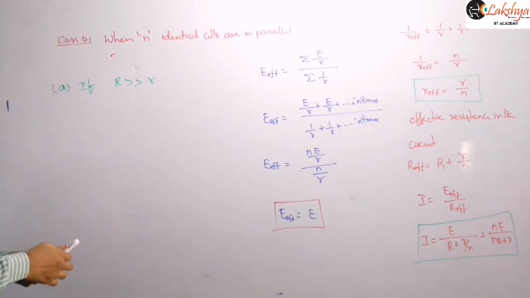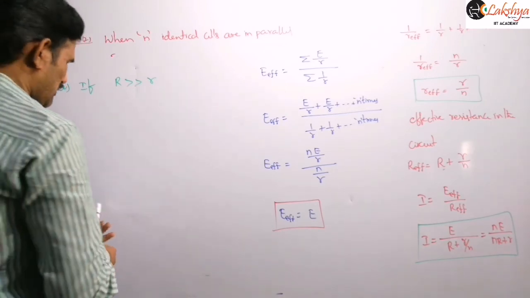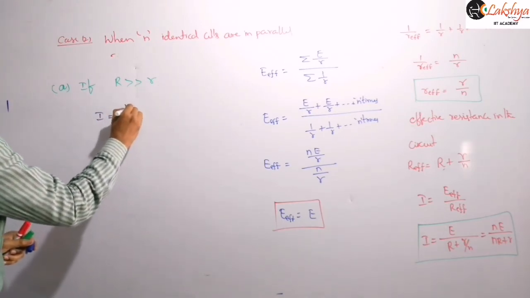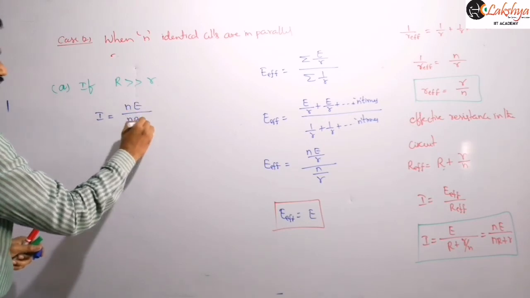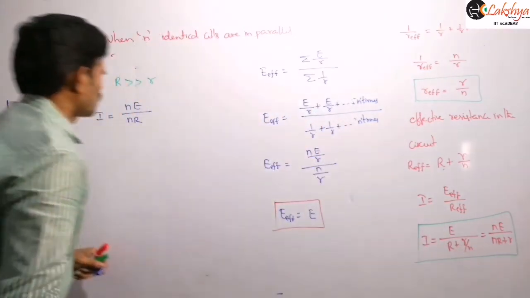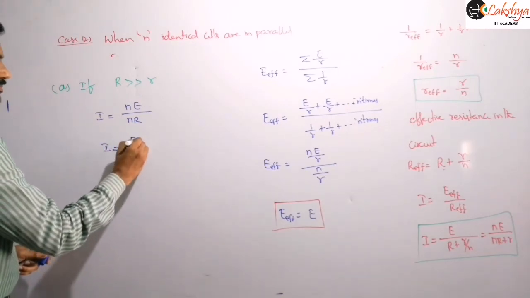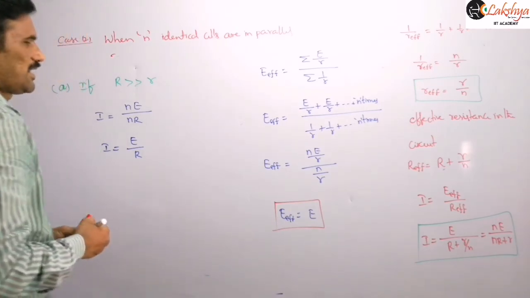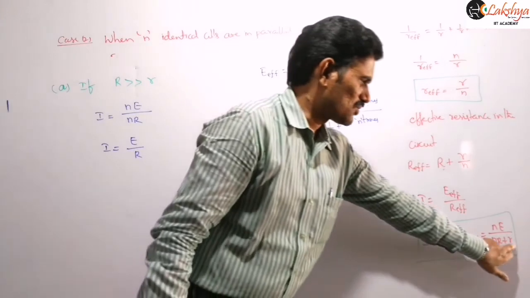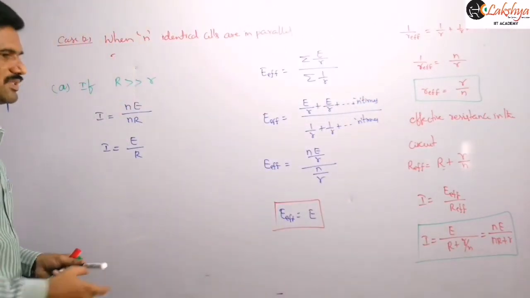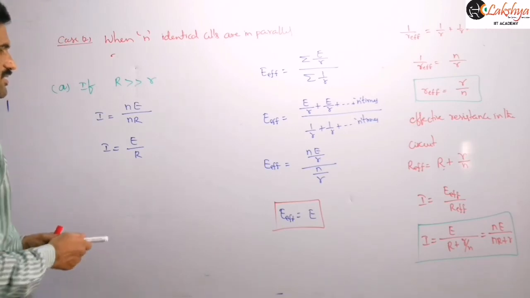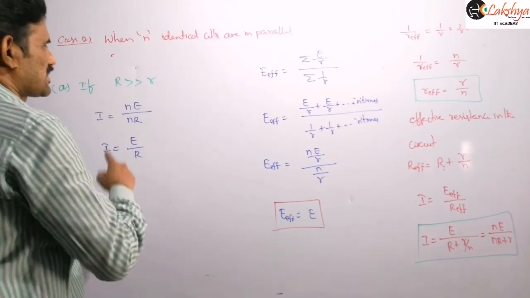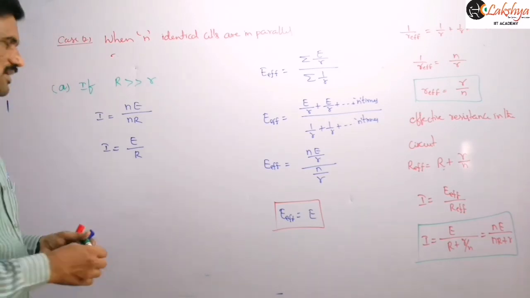Therefore the current I is equal to nE by nR, since this value is negligible. So when this value is negligible, then I is equal to E by R. So when R is very large, automatically this term will be negligible, and nE by nR you will get, which is nothing but E by R. So that is the current flowing through the circuit when external resistance is very large when compared to internal resistance.